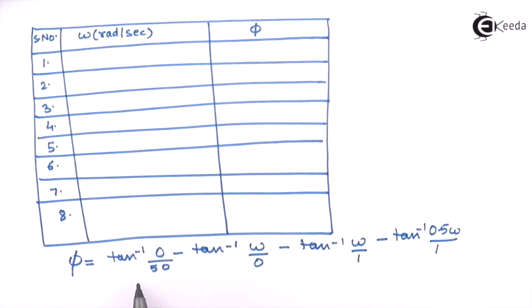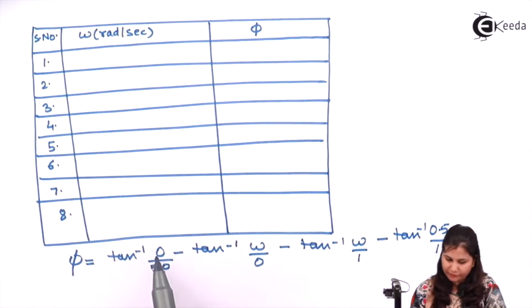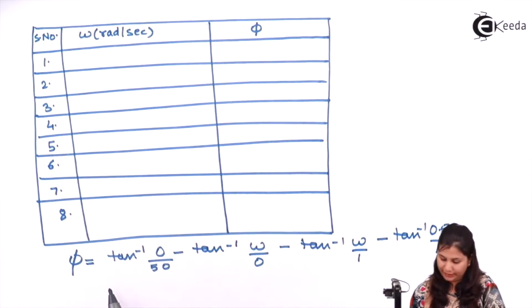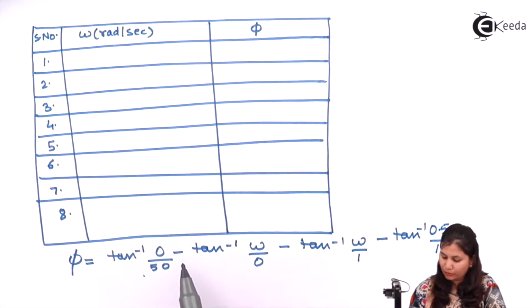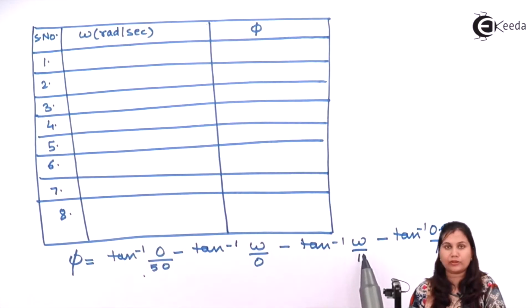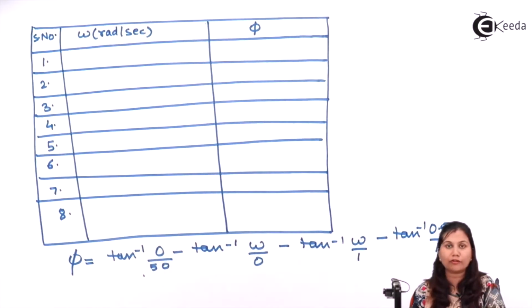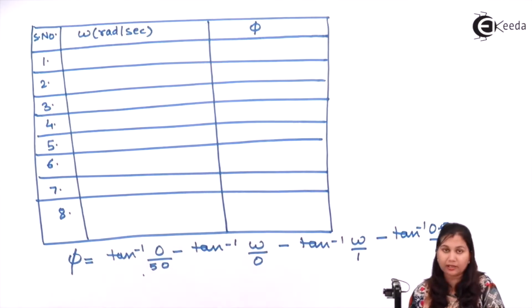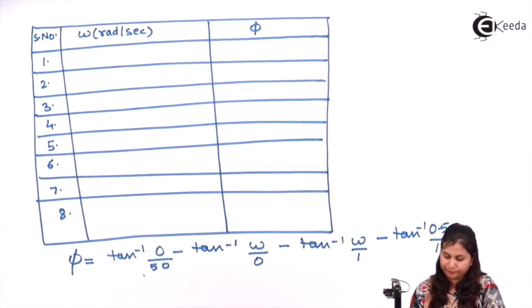Now this will become tan inverse of infinity, so it will be minus 90 degrees. Here tan inverse of infinity, it will be tan inverse of 0. So it will be 0, it will be 90 degrees. So minus 90 minus tan inverse of omega minus tan inverse of 0.5 omega will be our phase equation.